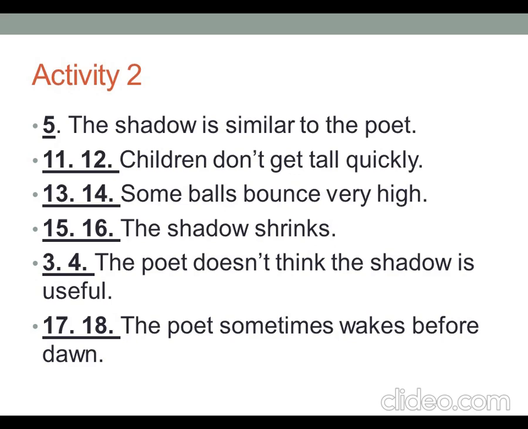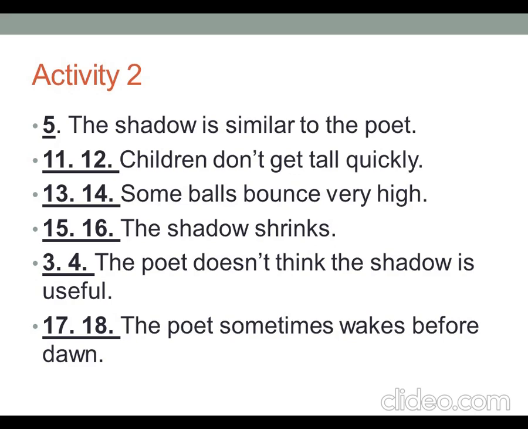So it is 11 and 12. Then some balls bounce very high. We are not talking generally about balls here, but the India rubber ball, that specific ball was talked about, and it was used with the words "which shoots up taller like an India rubber ball." So it is line number 13 and 14.